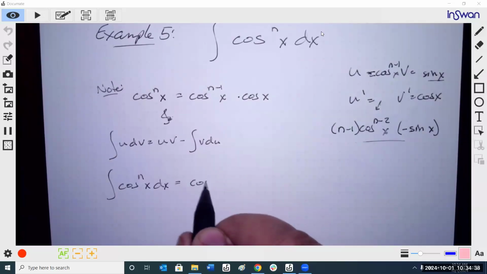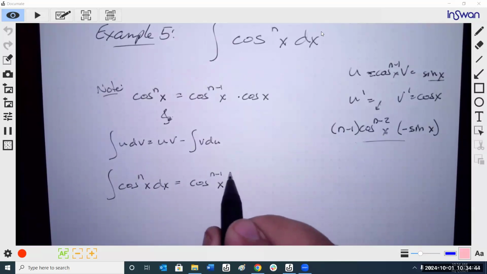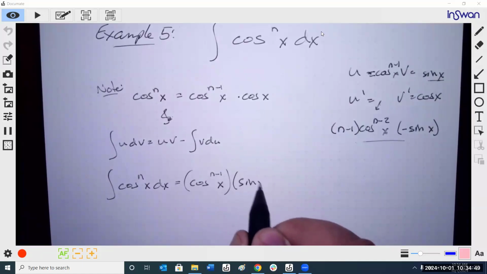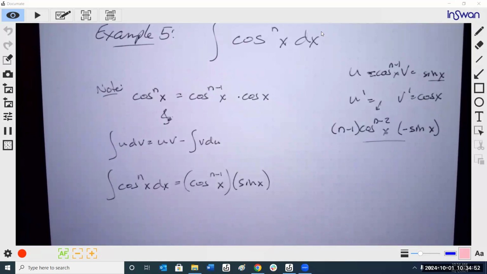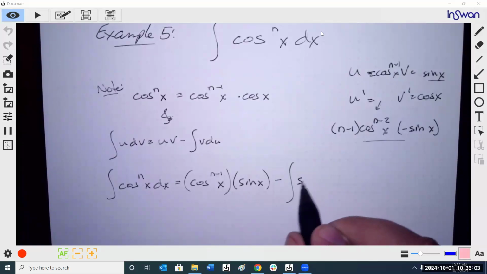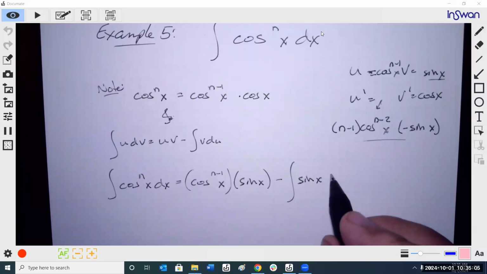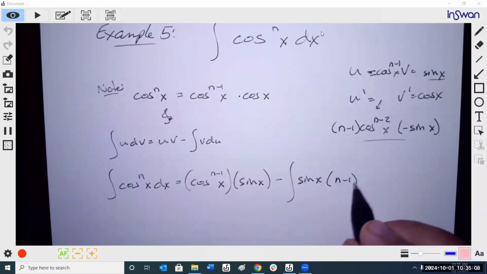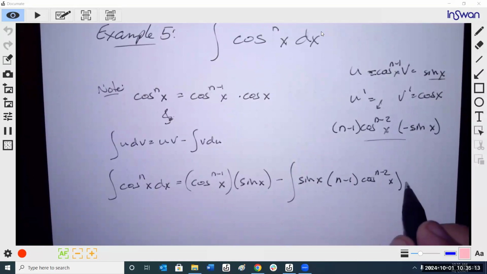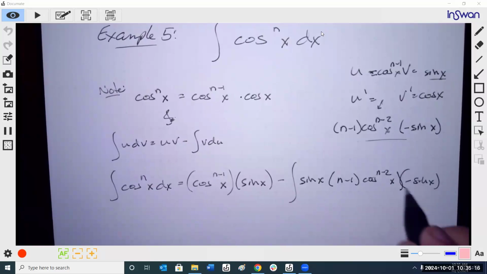It's cosine n minus 1 x times v, which is sine x, minus the integral of sine x times n minus 1 cosine n minus 2 x times negative sine x.